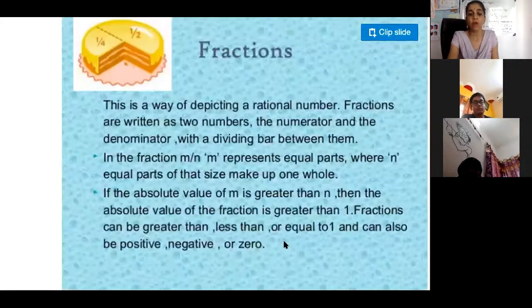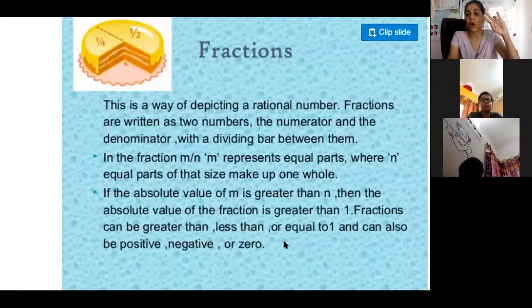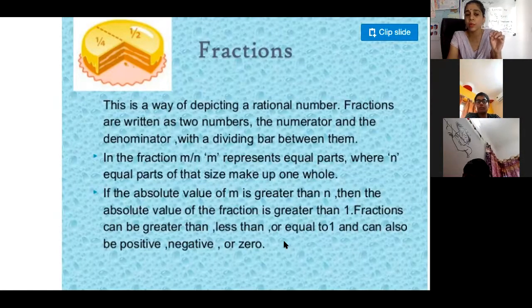So now we will talk about fractional numbers. Fractional numbers are nothing but the combination of a numerator and a denominator. For example, if I am talking about m by n, it will only represent some part of the total. देखिए जैसे कि cake का part आपको दिखाया, and we have already covered fractions in our lower classes, but let me give you a brief.